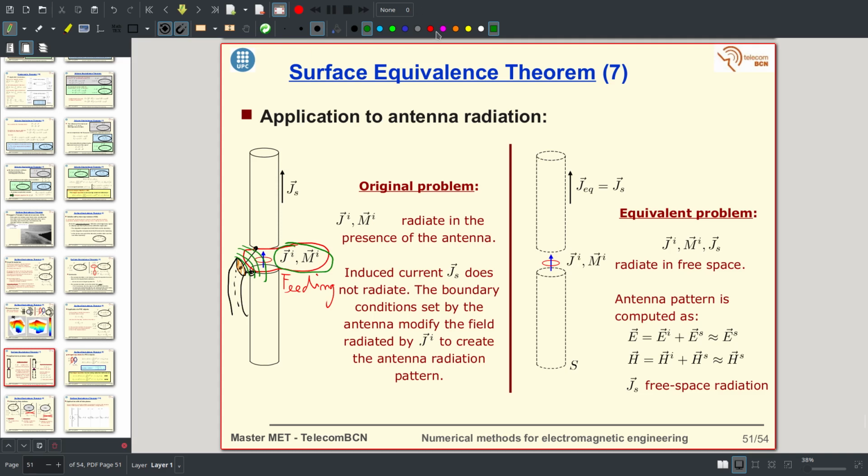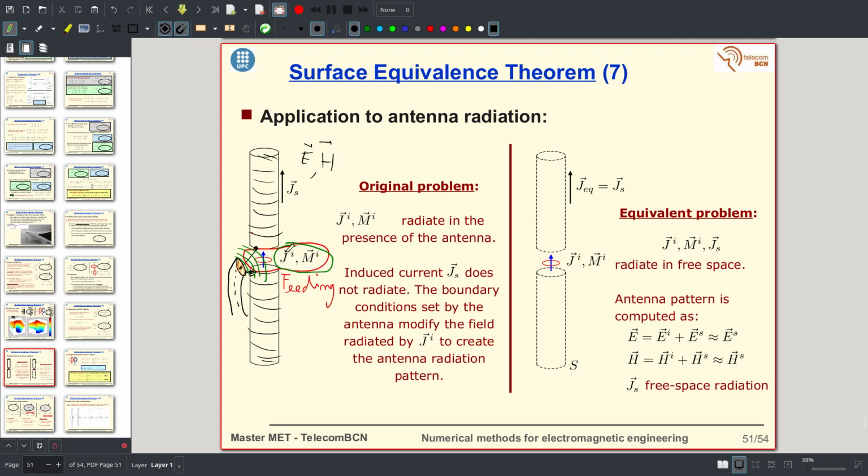And the shape of the antenna, only the shape of the antenna, this here, only sets a boundary condition. The field at the surface of the antenna sets a boundary condition that modifies the fields that are now different to the fields in free space, or incident field.